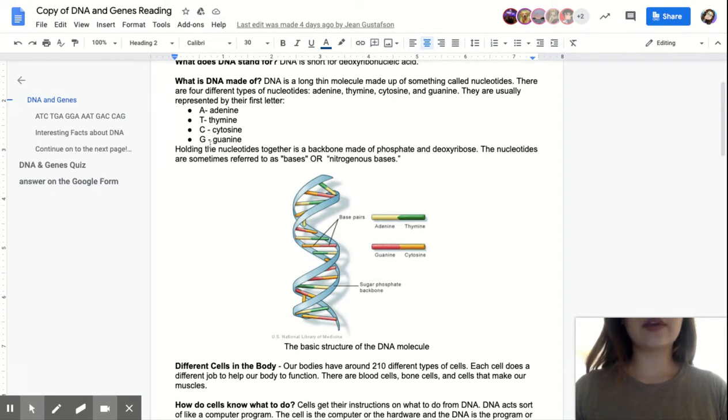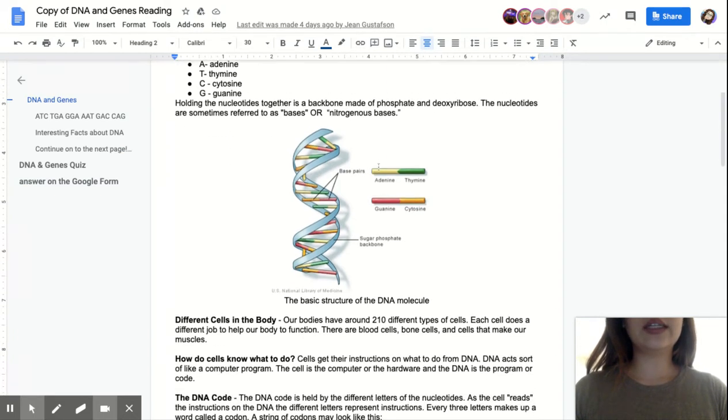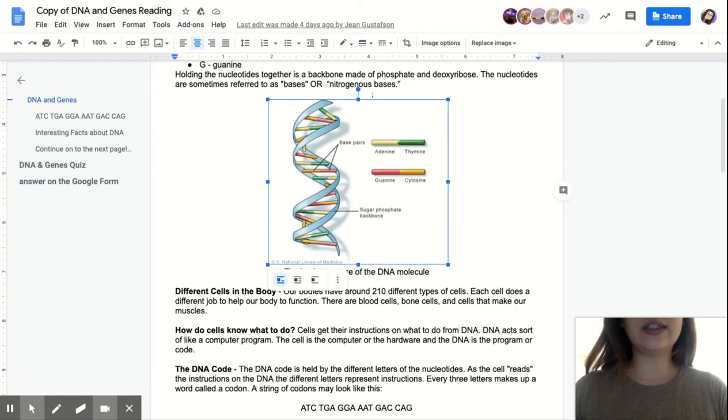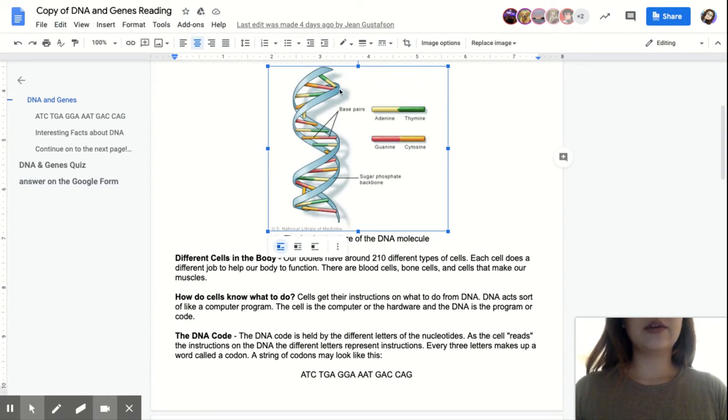Holding the nucleotides together is a backbone made of phosphate and deoxyribose. The nucleotides are sometimes referred to as bases or nitrogenous bases. So right here are the backbones.